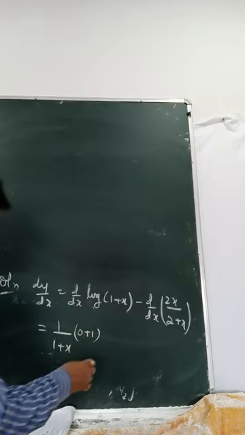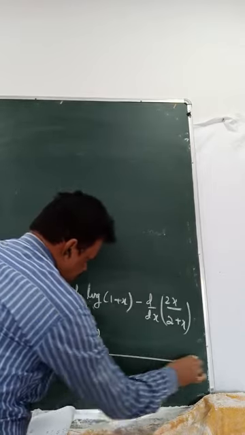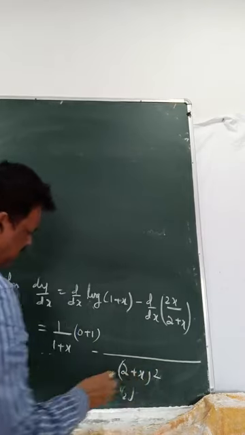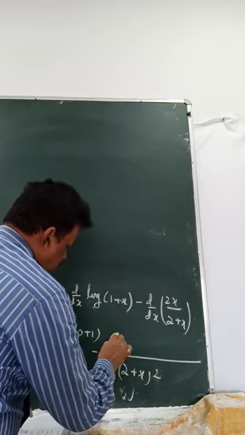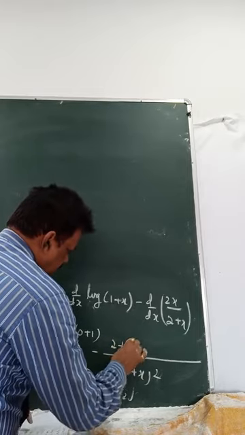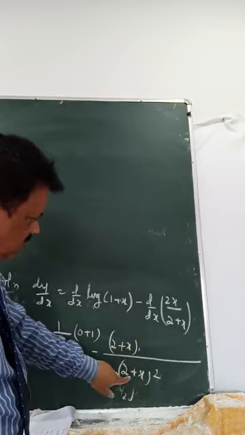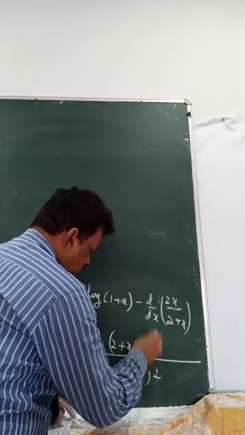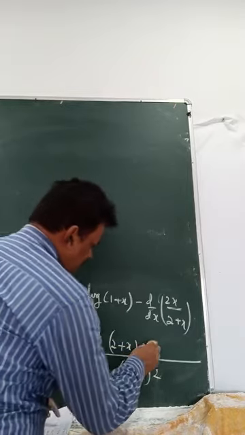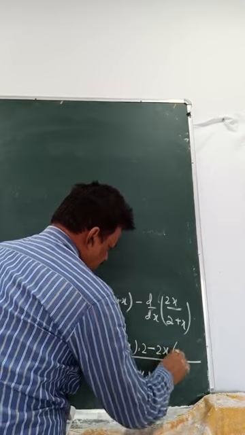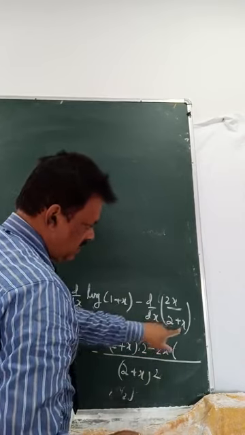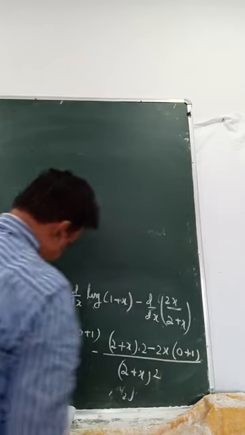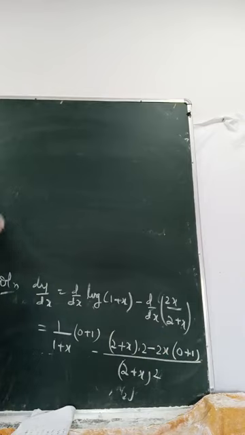Then minus, square of denominator, directly I am writing, try to understand: (2 plus x) times derivative of numerator, 2, minus 2x times derivative of 2 plus x, that is 0 plus 1. So what did you get?